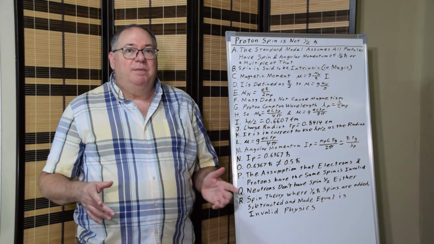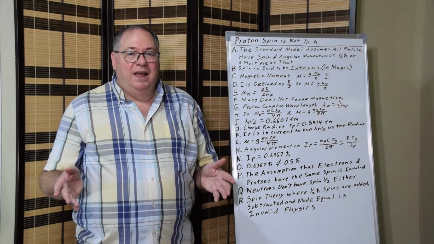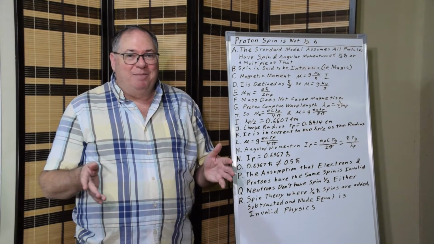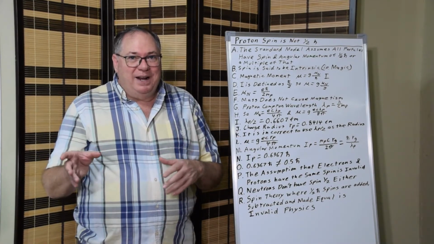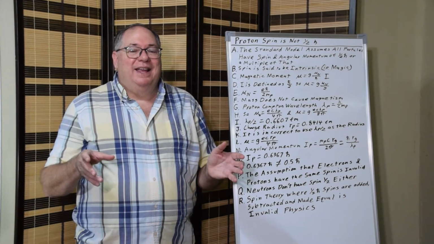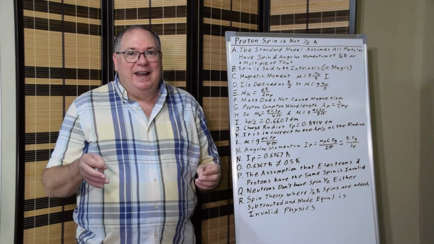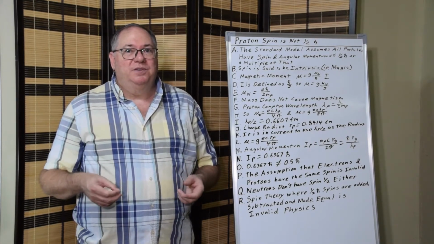So as I said at the beginning, this entire scheme where all the angular momenta of all the particles add up, and you can set up equations and add up the spin on one side and the spin on the other side so that the angular momenta are equal, that's all contrived nonsense. It's not based on the physical reality.